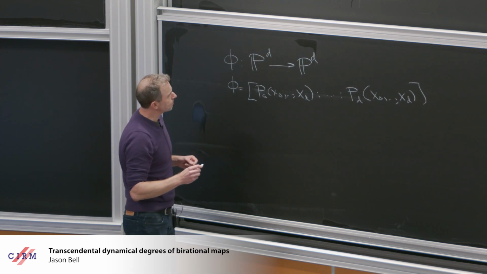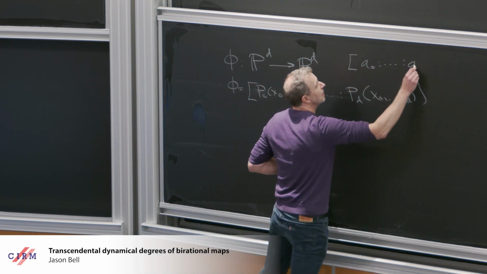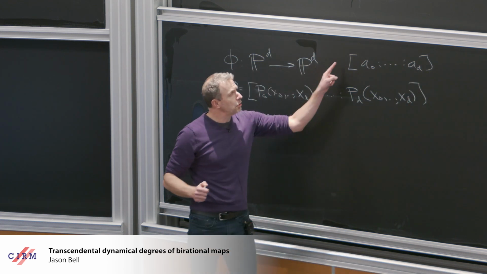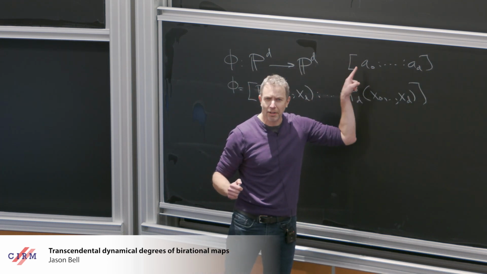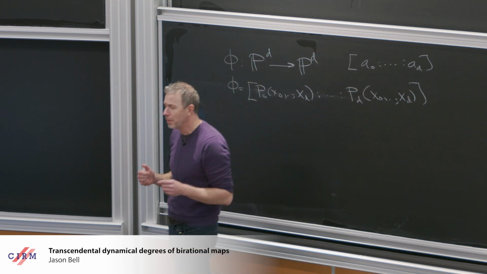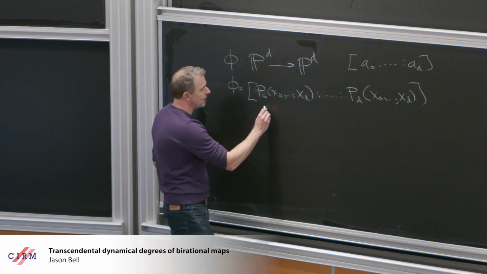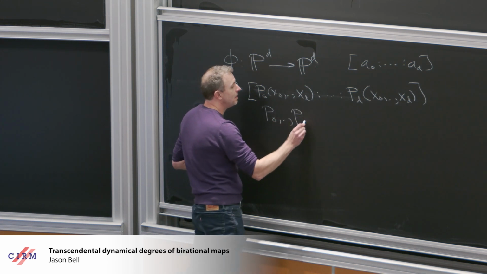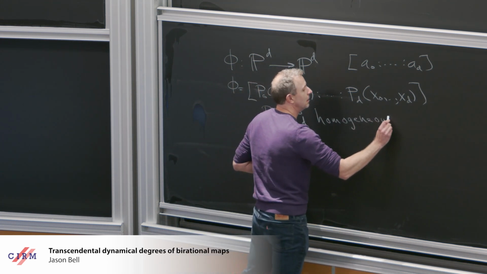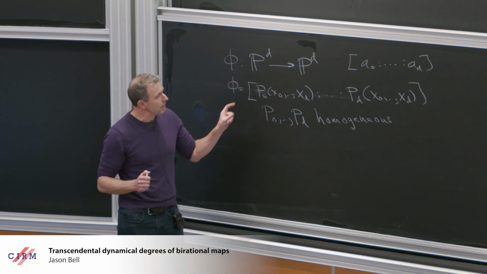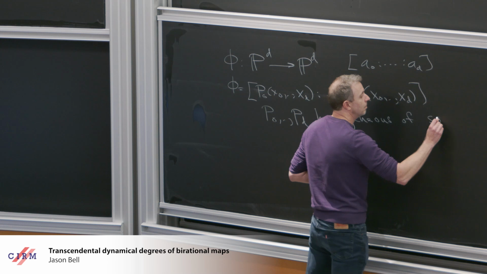I'm going to use this notation for points in projective space, with the usual equivalence that if I scale by a non-zero number lambda, I get the same point. And in order for this to be a map, I need P0 through PD to be homogeneous, meaning that every monomial that occurs has the same degree, some degree m.